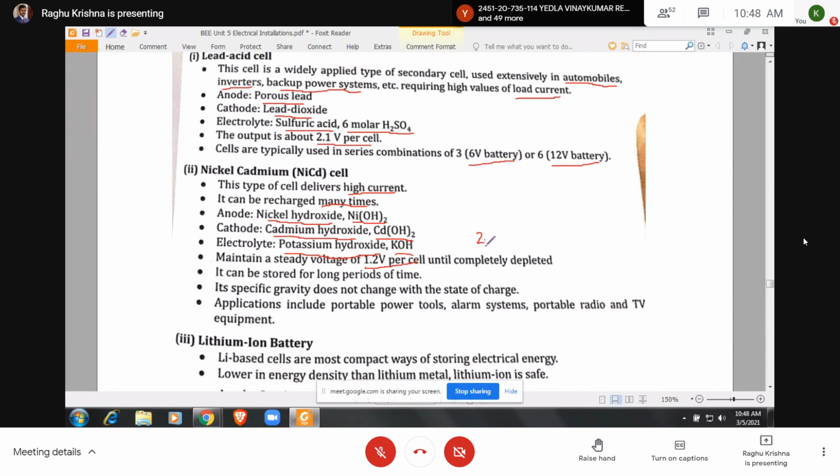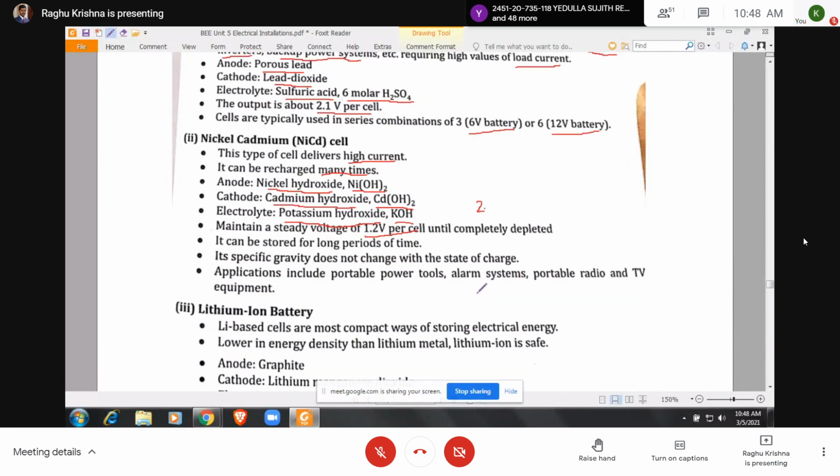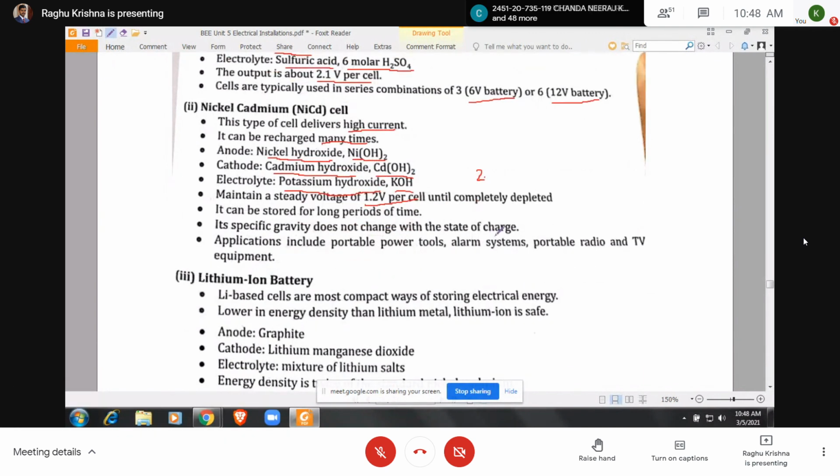And when the cell is depleted, you can see 1.2 volts per cell. It can be stored for long periods of time. The specific gravity does not change with the state of charge. Whether it is charged or discharged, the specific gravity does not change.